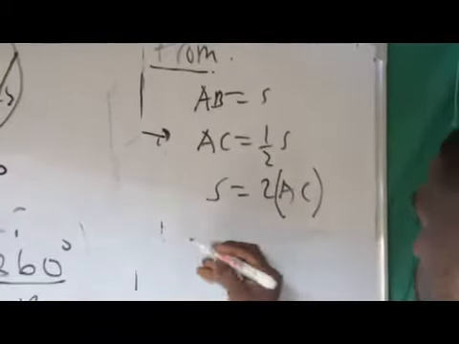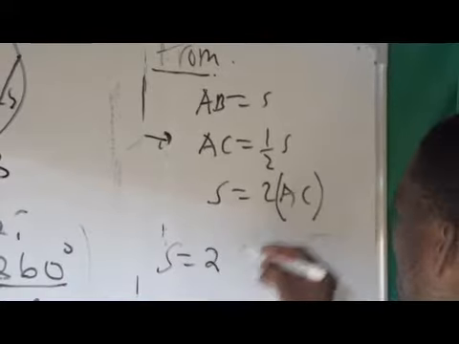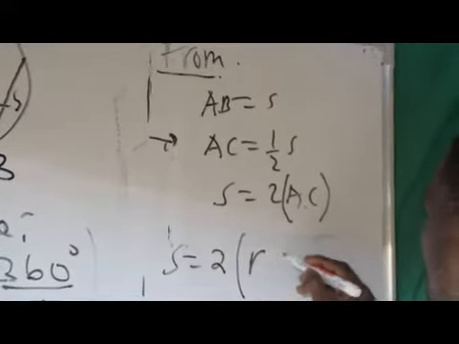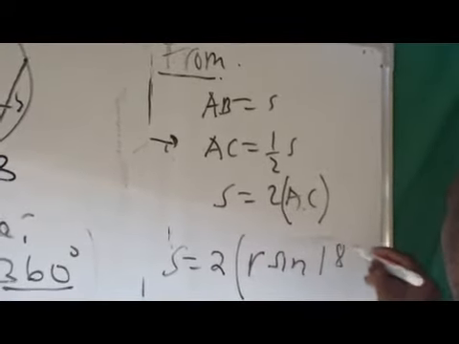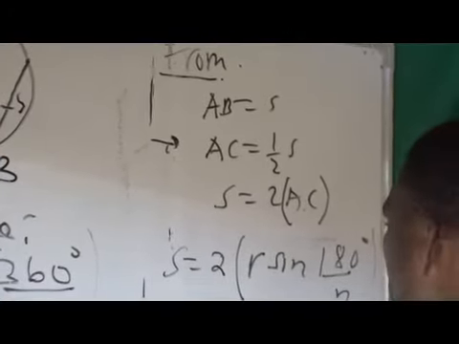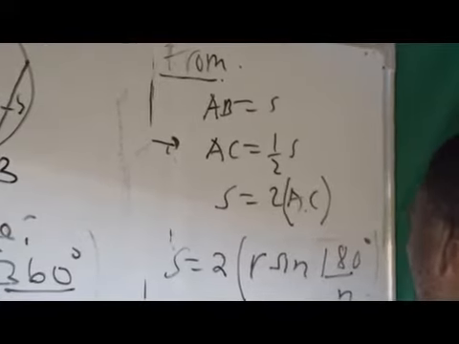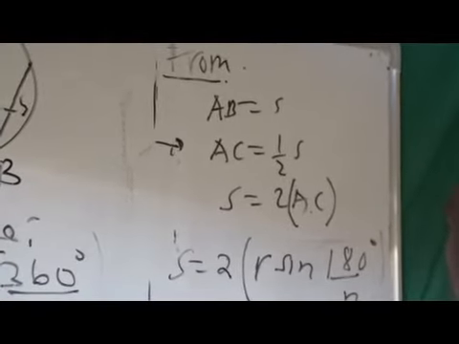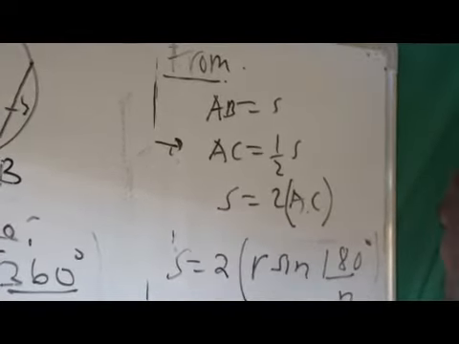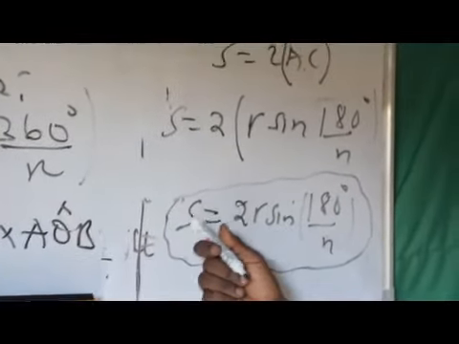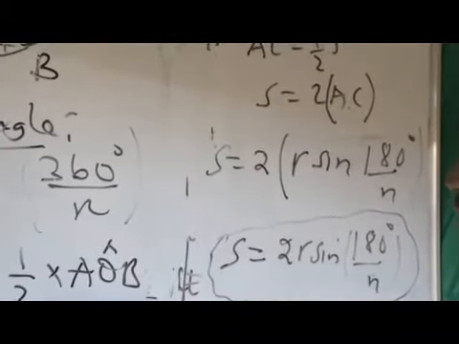We've found it. So if you substitute the value of AC, it will be twice the value of AC we've found to be R sine of 180°/n. So if you multiply, you get S equals 2R sine of 180°/n. Now this one is the formula to find the side lengths of any regular polygon inscribed in a circle.